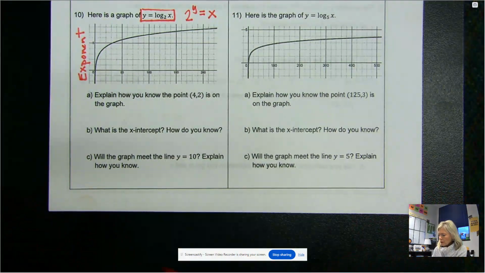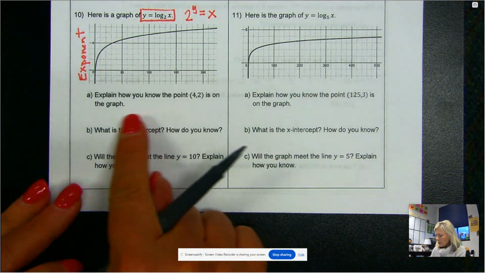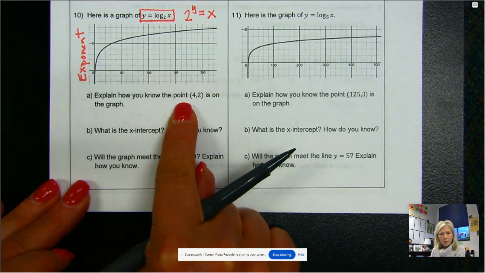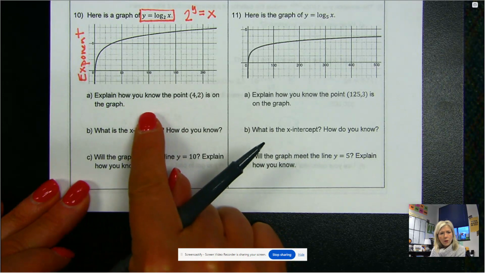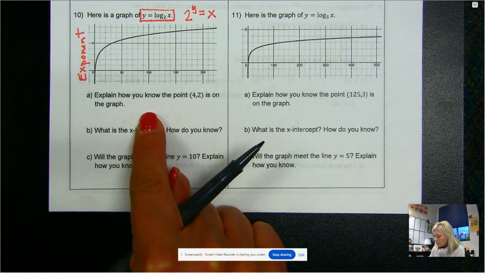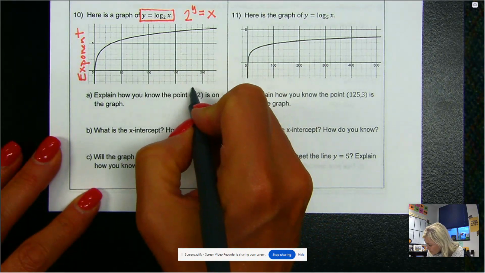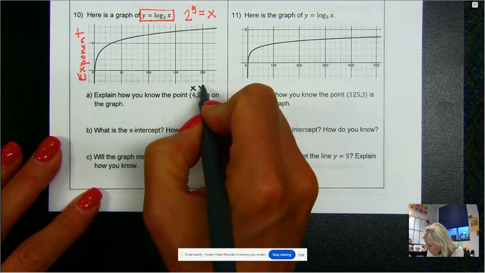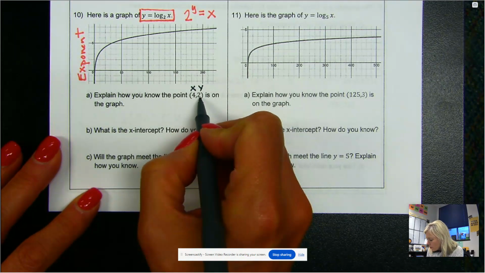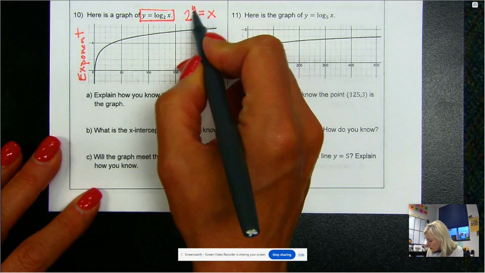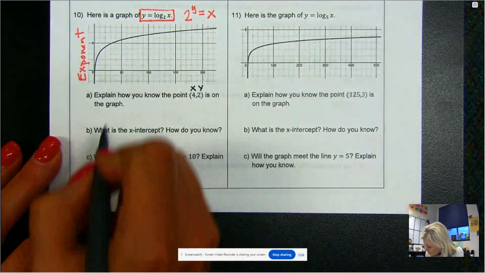Okay? So for this statement here, explain how you know the point (4, 2) is on the graph. Well, this would be our exponent, right? 4 is the x, 2 is the y. So 2 is the exponent, 2 to the second, because the base is 2 as well.